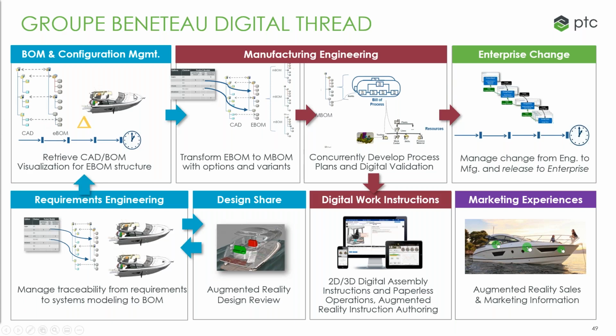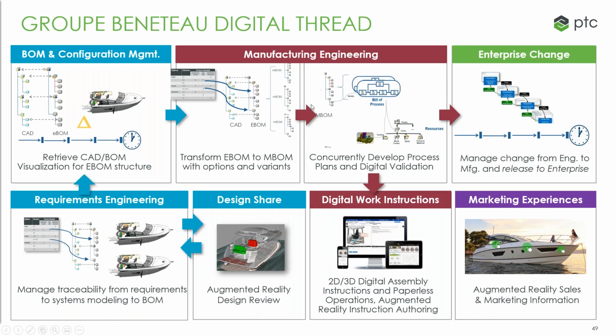And then once we've built that EBOM structure, now we need to define that out into the factory. So transforming that EBOM into an MBOM with our different options and variants. And then we can use that MBOM to actually start developing our process plans and our validation processes.